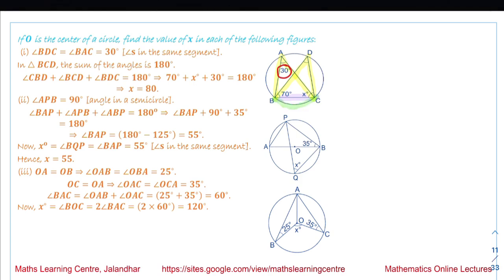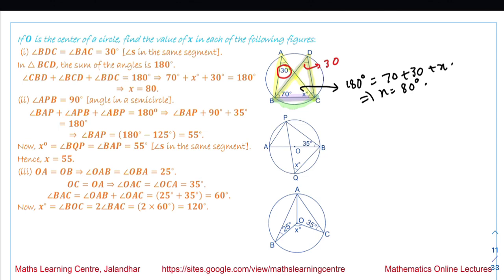So both these angles should be equal. If this is 30 degrees, then this angle is 30 degrees. Now look at this triangle over here, BDC. In this triangle we have to calculate the value of this x. The sum of all angles should be 180 degrees, that is 70 plus 30 plus x. So the value of x you will get is 80 degrees.